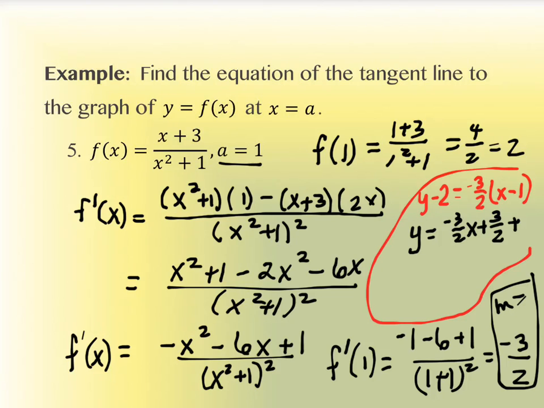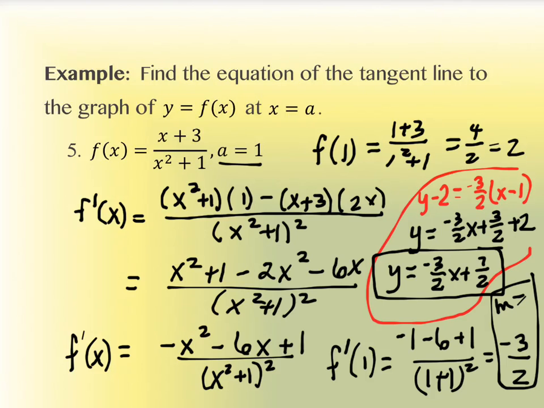And then I'm going to add the 2 to the other side as well. So my equation is y equals negative 3/2 x plus what? Is it 7? Okay, thought I heard 9. I'm sorry. Yep, it's positive 7/2. So that's my equation of my tangent line.